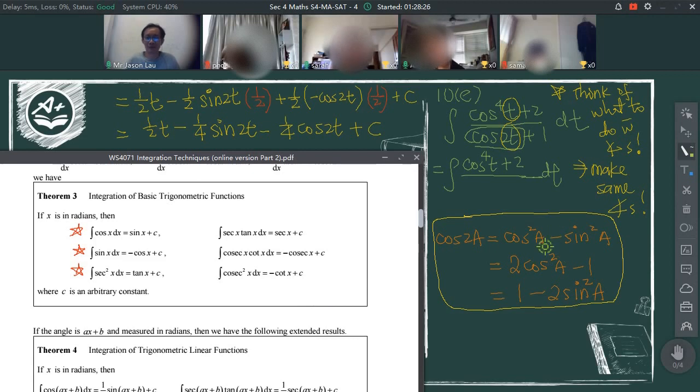We'll use the second one. The reason is the second one will kill the plus one away. Normally it's good when your denominator has fewer terms, the fewer the better. If you can kill something, just kill, not kill human, kill the terms. So you just kill off that plus one by using the formula.